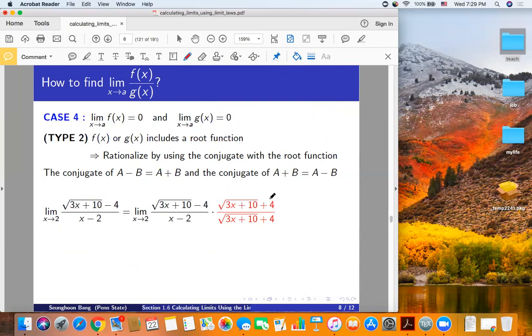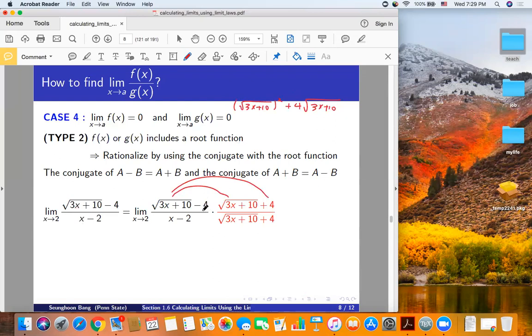Next, simplify the numerator. The square root of 3x plus 10 times the square root of 3x plus 10 is exactly the square root of 3x plus 10 squared. Outer, plus 4 times the square root of 3x plus 10.